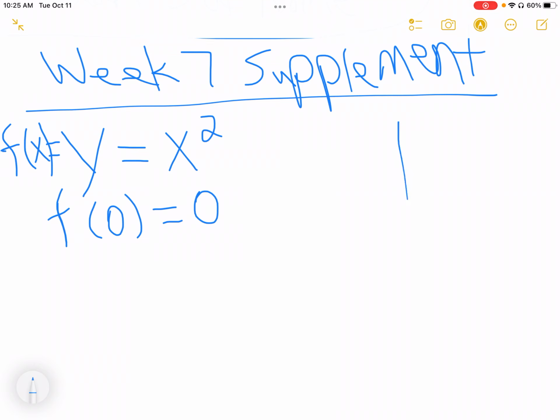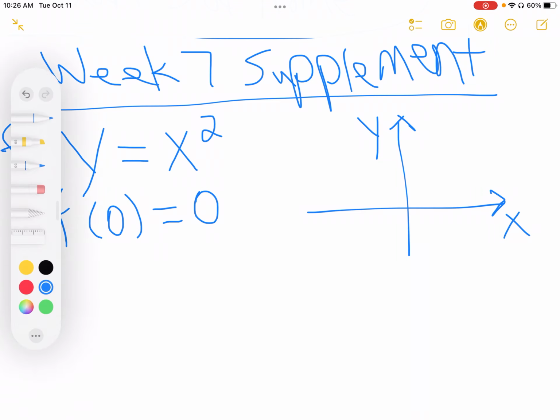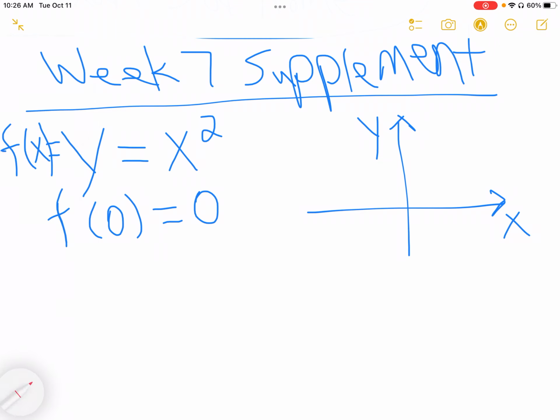Okay, and then when we plotted this specific one, we'd end up with a point starting here at 0, 0. Let's label our graph. This is the x-axis. This is the y-axis. Then let's label some points: 1 and 2 on x, so -1, -2, down to -2, up to +2.